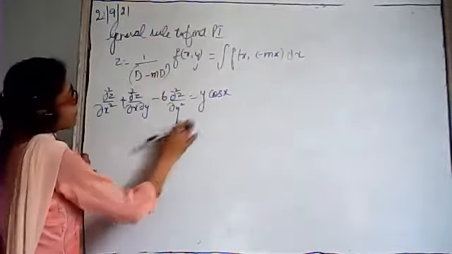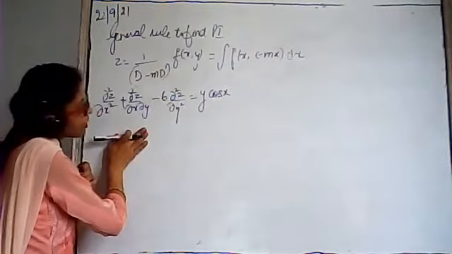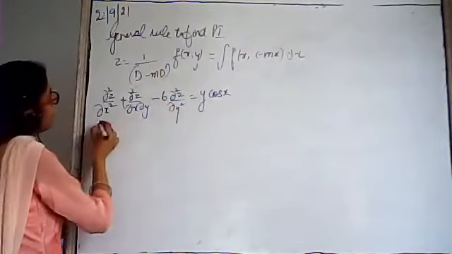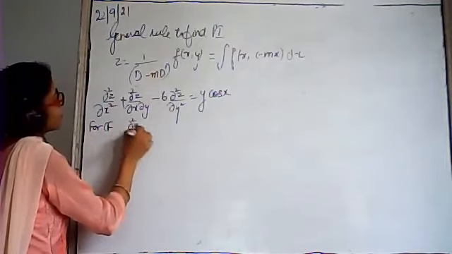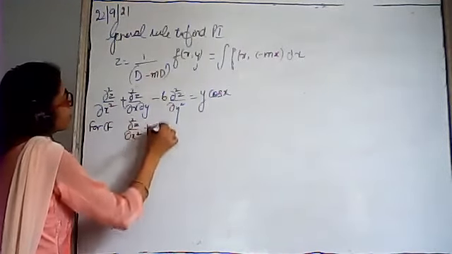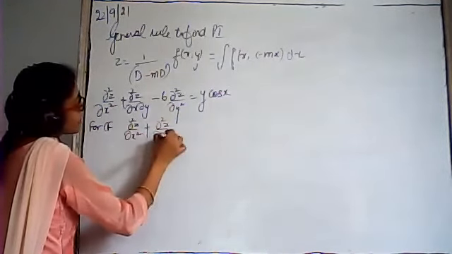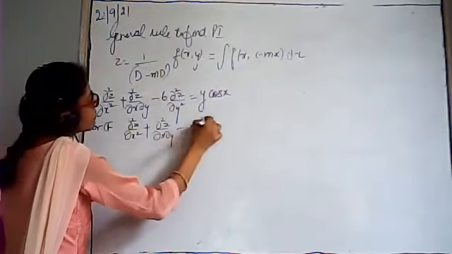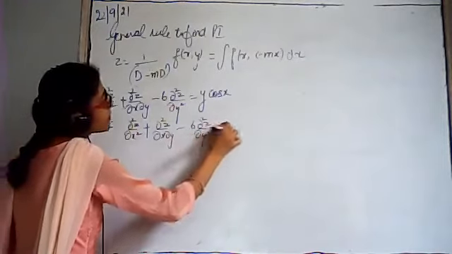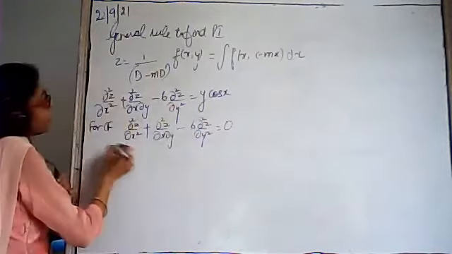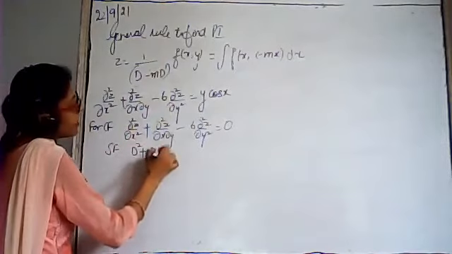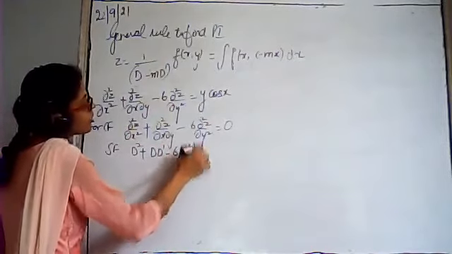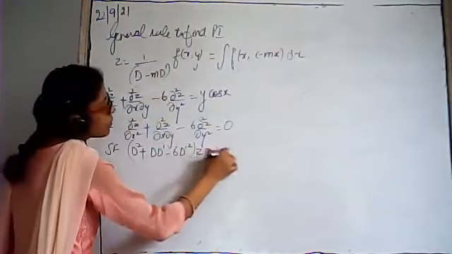Now see, first of all we have to find the complementary function by taking right hand side equals to 0. So for complementary function we have ∂²z/∂x² plus ∂²z/∂x∂y minus 6 times ∂²z/∂y² is equals to 0. So symbolic form will be (D² plus DD' minus 6D'²) z is equals to 0.